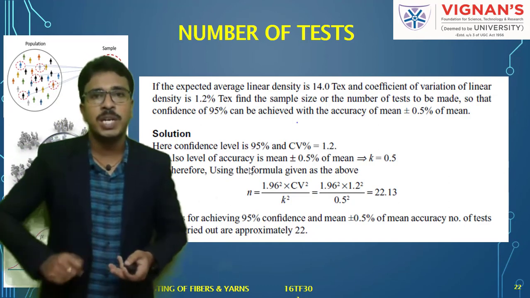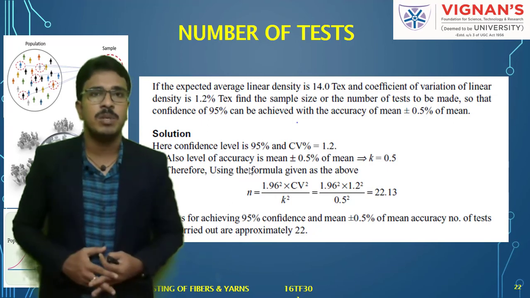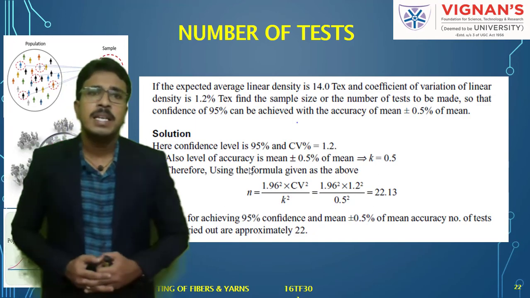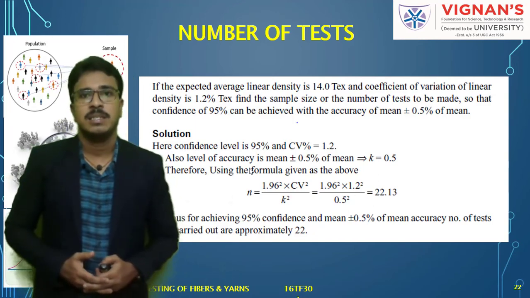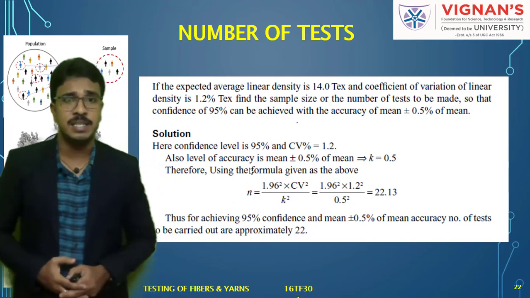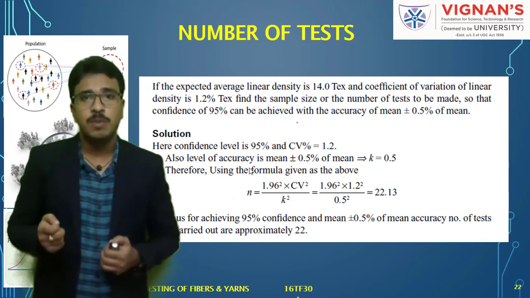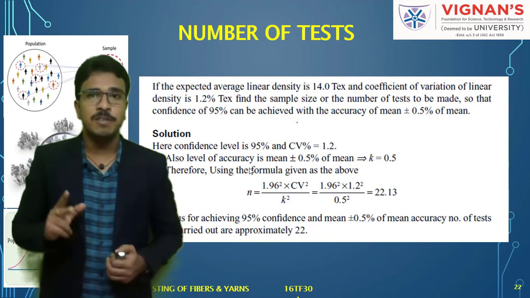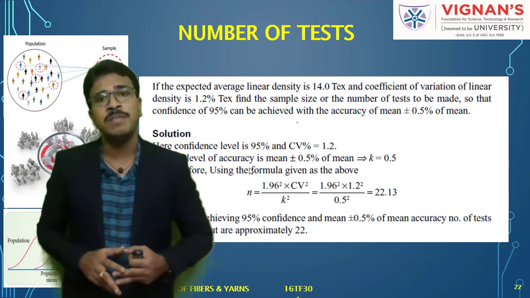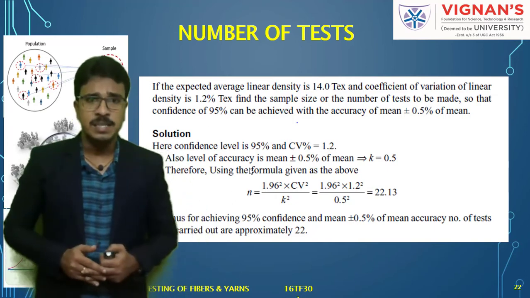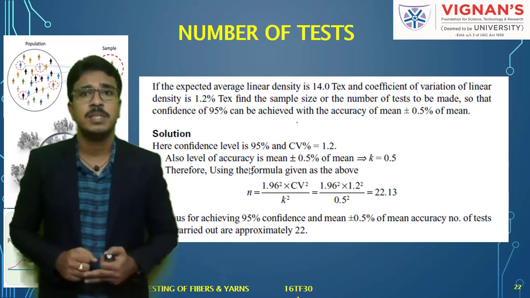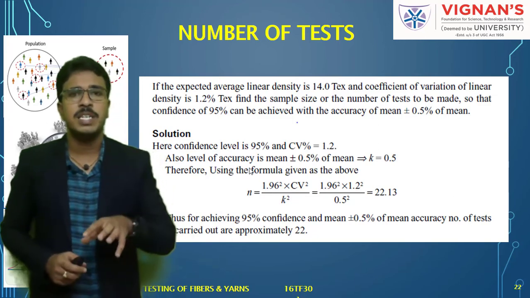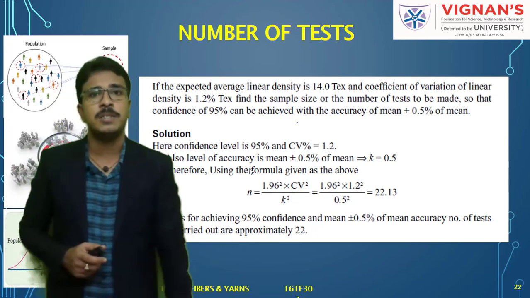Now if you look at the problem, try to understand it. I'll read it once. If the expected average linear density, which is nothing but count, is 14 tex, and the coefficient of variation, CV percentage, is 1.2 percentage, that is, the variation in the test results is 1.2 percentage.